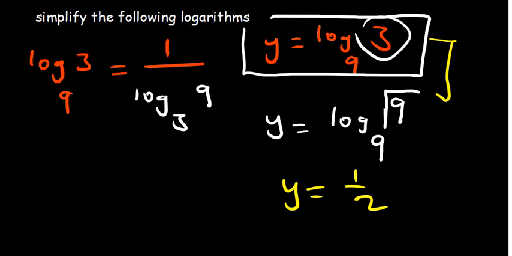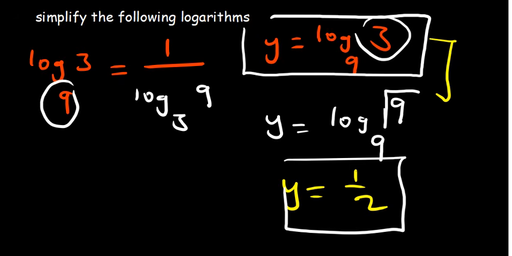Remember that solving it normally, we found our y to be equal to 1 over 2. Let's try it using this principle, where it's a reciprocal when you exchange the base with a value. Remember, we've exchanged the 3 and 9, so it's a reciprocal. So we have 1 over log 3 of 9.